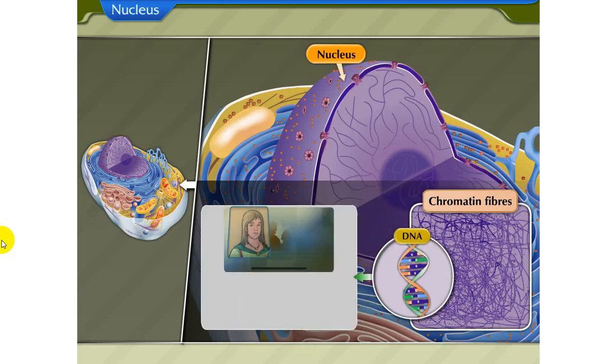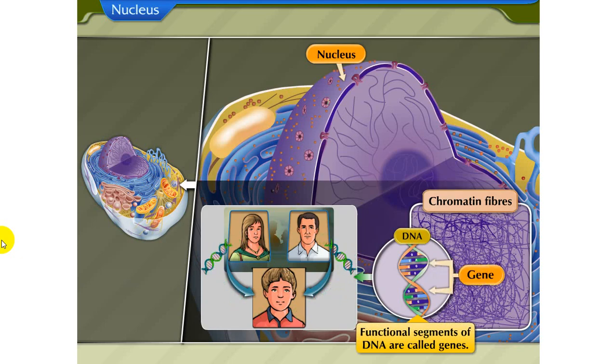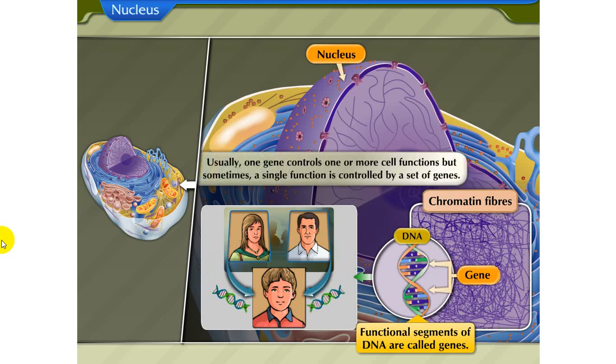DNA molecules transfer the hereditary information from one generation to the next. Functional segments of DNA are called genes. Usually, one gene controls one or more cell functions, but sometimes a single function is controlled by a set of genes.